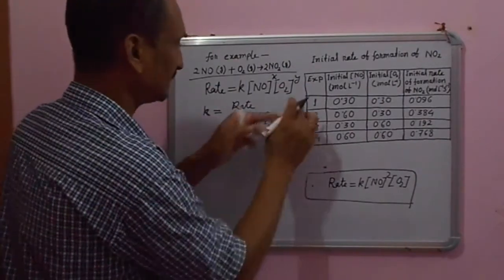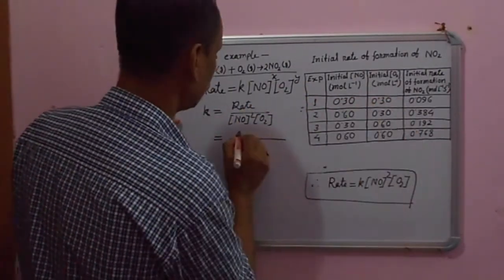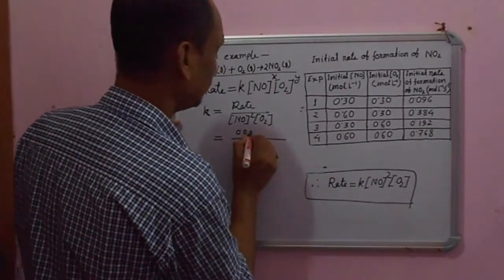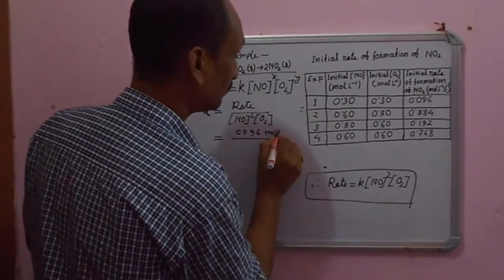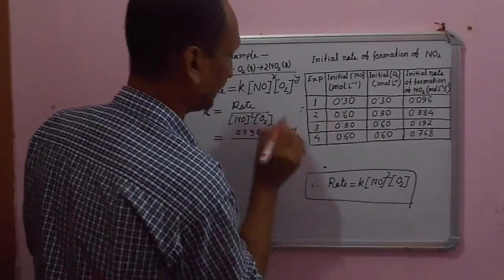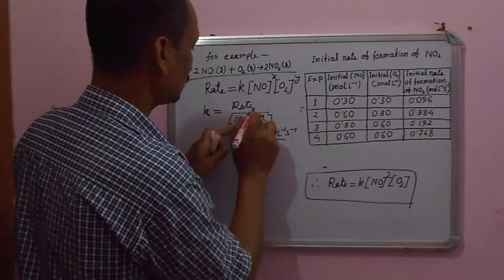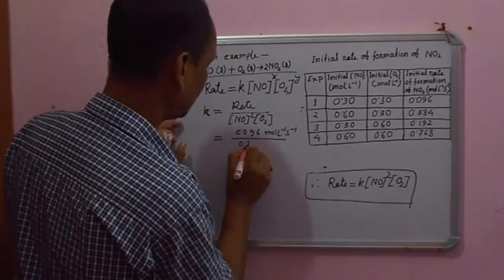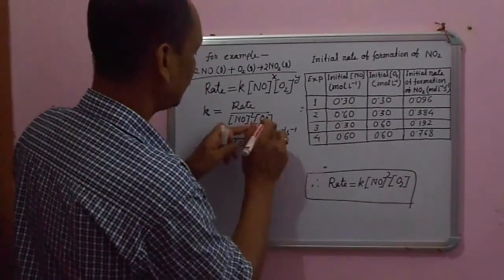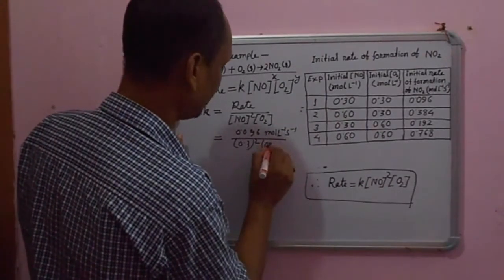So if you consider experiment 1 here, then rate, that is 0.096 mole per liter per second, divided by concentration of NO squared, so NO, that is 0.3 squared, into concentration of oxygen, that is also 0.3.